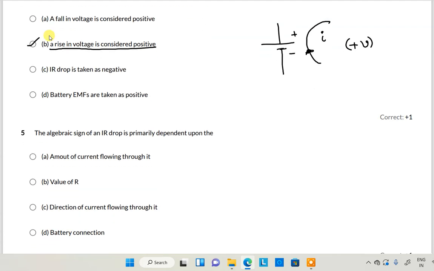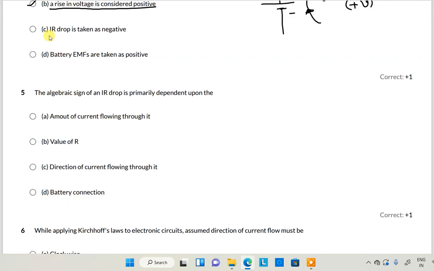Next one, the algebraic sign of IR drop is primarily depending upon. What is meant by IR drops here? For example, this is a circuit we have. What is the current direction? This is the current direction. What is IR drop?